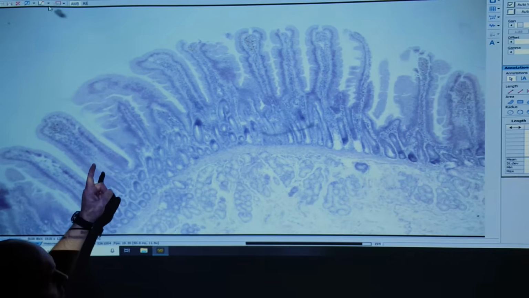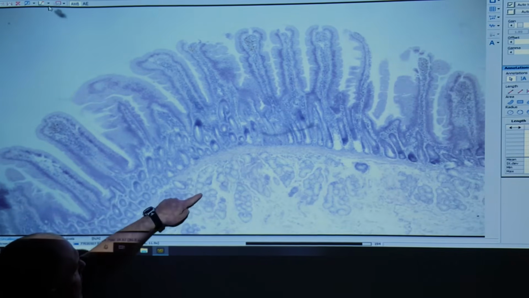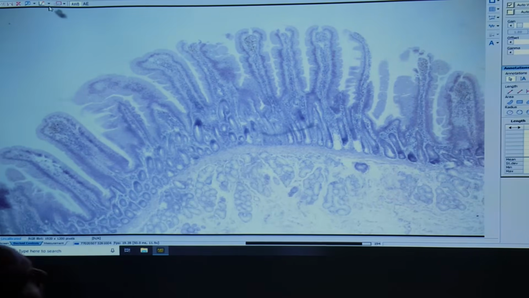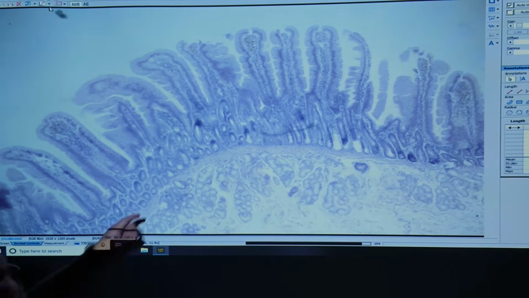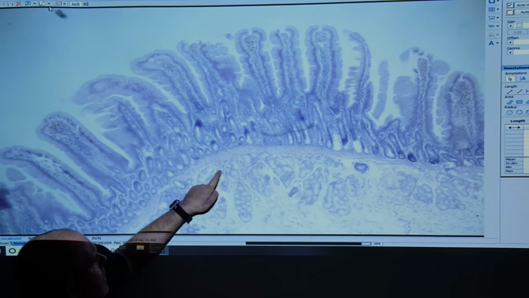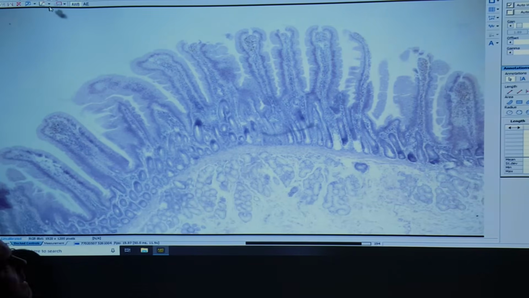And the third giveaway, down here in the submucosa, look at these clusters of cells that you see. These are the duodenal glands. So intestinal glands, duodenal glands, duodenum, small intestine glands. You will see those in the wall of the small intestine.